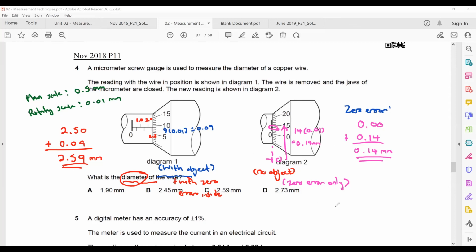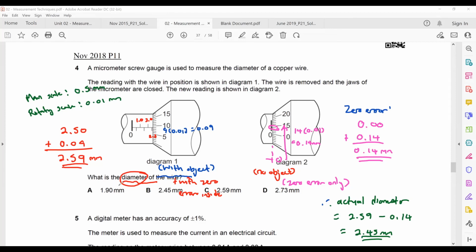So now what you can say is, therefore, the actual diameter would be 2.59 minus 0.14, giving you 2.45 millimeter.